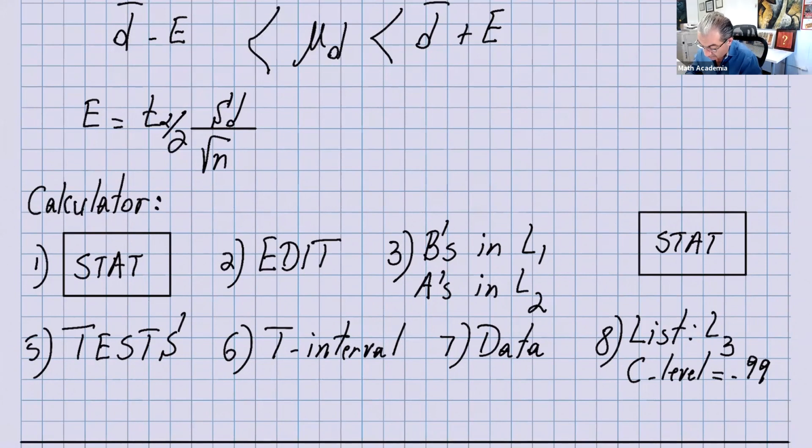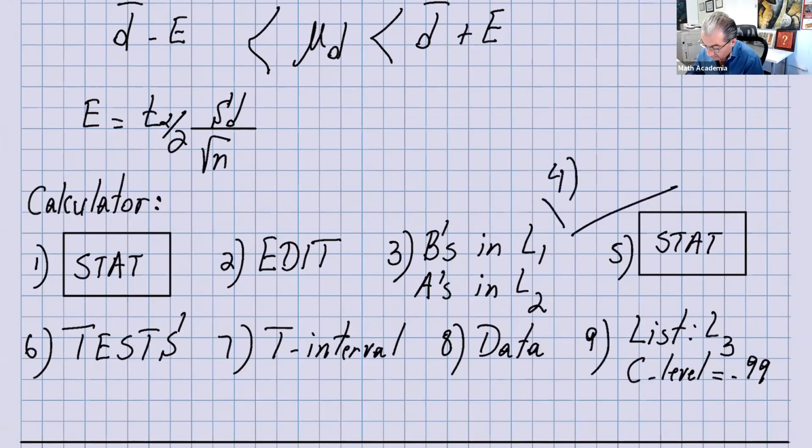Actually we can put it, let's do 5 here, 6 here, 7, 8, 9 here, but let's put 4 in here. We missed, you have to go to L3 and say L3 is L1 minus L2.